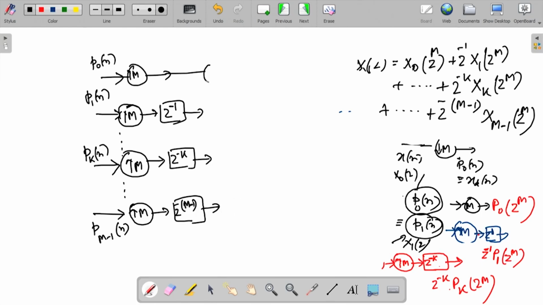If I add them in time domain, then I get back x n. If you take Z transform, x z is capital P 0, which is okay. Instead of P, let me again change it to x.